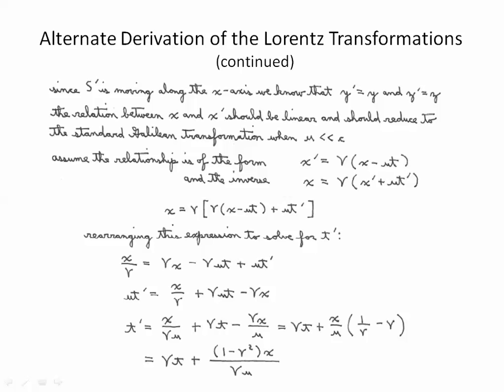We rearrange this expression to solve for t prime. We divide through by gamma and then add and subtract terms to get the term ut prime on the left by itself. We divide through by u and then rearrange to get a term with t in it and a term with x and u in it. We use this expression for t prime on the next slide.